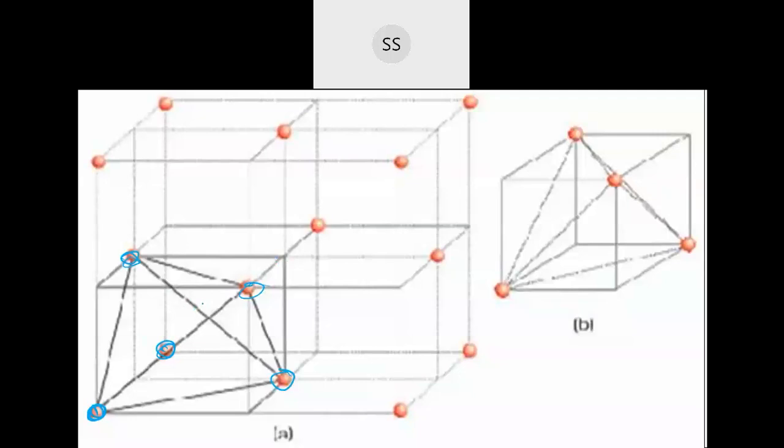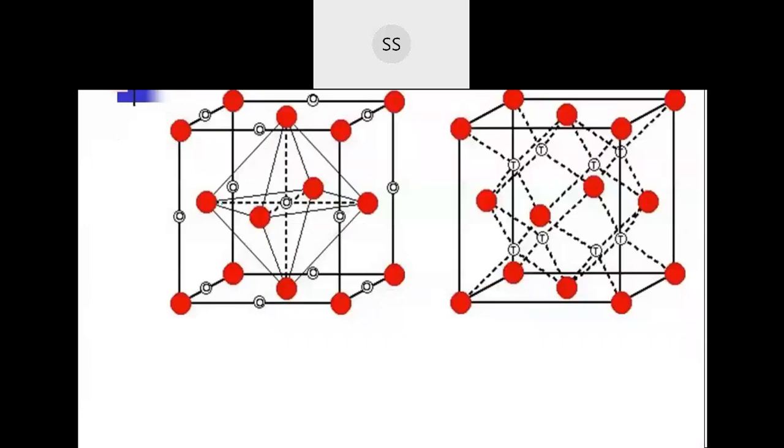So to conclude on the whole, for the face-centered atom, the number of atoms you have is 4. The number of octahedral voids formed is also 4. And the number of tetrahedral voids formed is 8. So if you have 4 atoms, 4 octahedral and 8 tetrahedral voids.